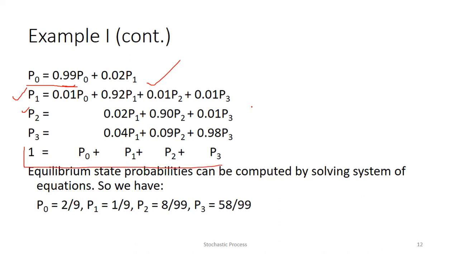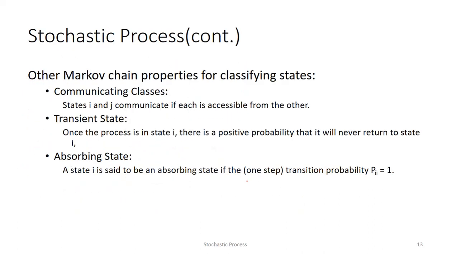When you solve all these 4 equations, then substitute all values in the final equation, you get some values for p0, p1, p2, p3. When you add all 4 probabilities, you get 1. This is the stationary distribution.